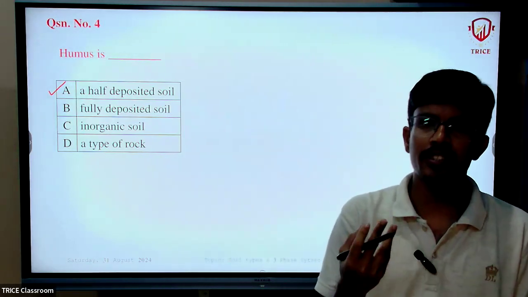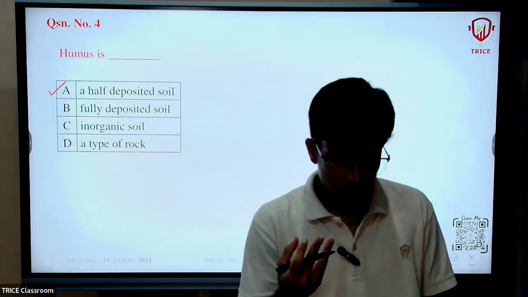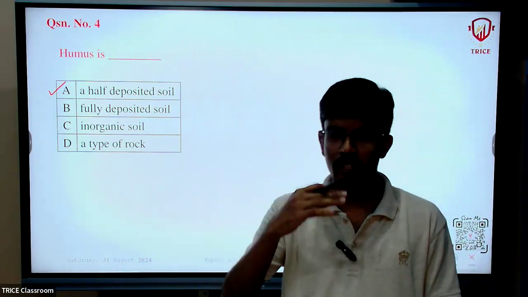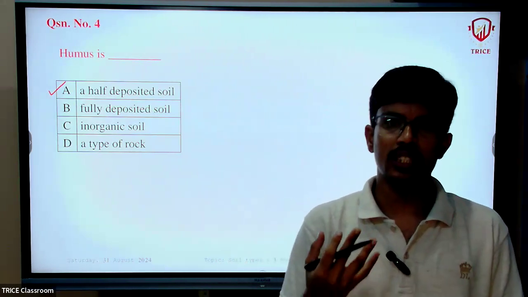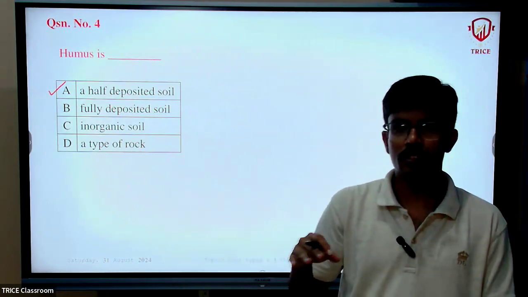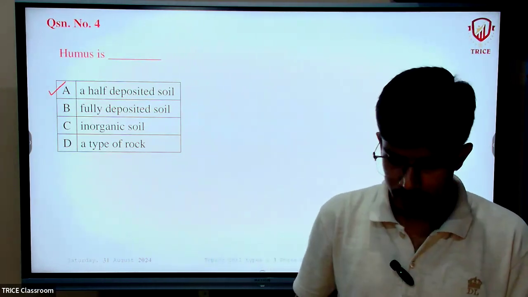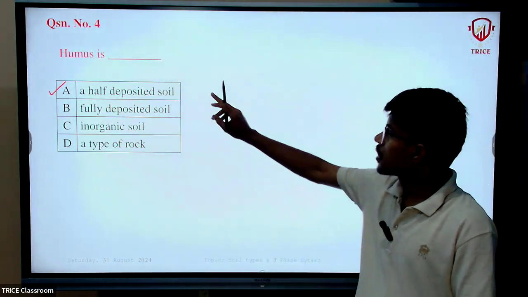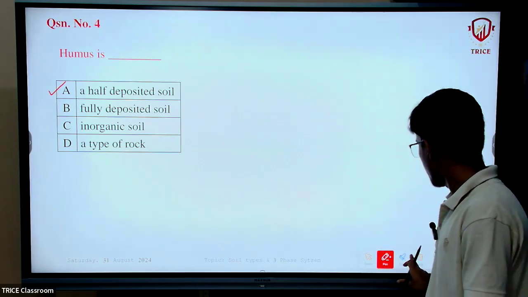Igneous rocks include granite and basalt. Metamorphic rocks are formed due to the action of temperature and pressure variations. Calcium carbonate, roof tiles and floor tiles all come under the sedimentary and metamorphic part. So humus is always of half deposited soils.